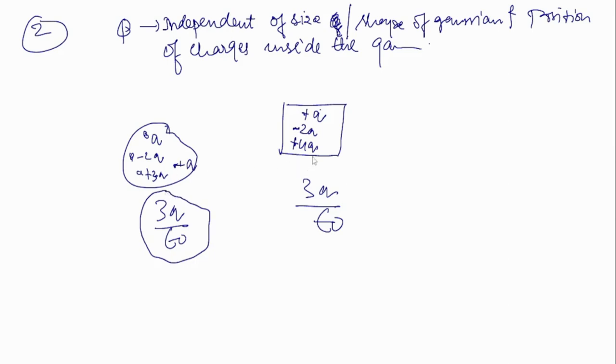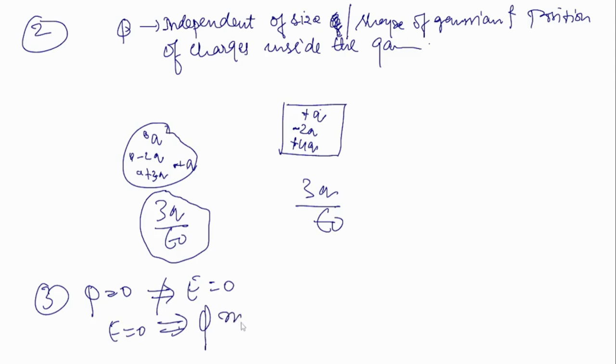The next point you need to note is that for a Gaussian surface, if the flux associated is 0, that is, if phi is 0, this does not necessarily imply that E is 0. But if E is 0, this implies phi must be 0.